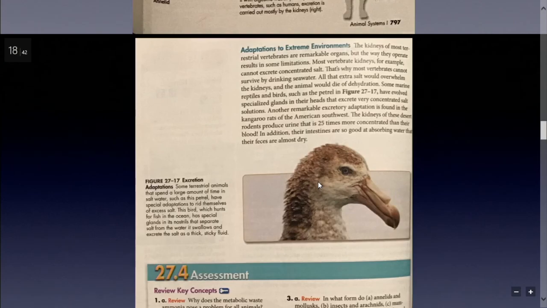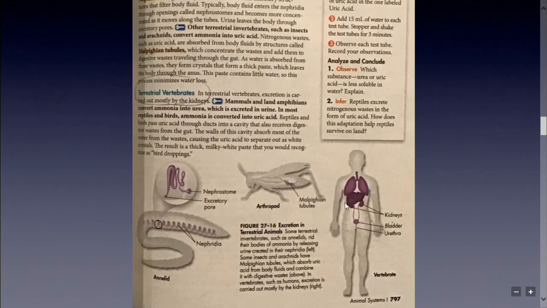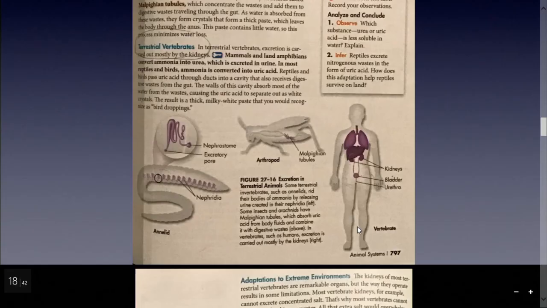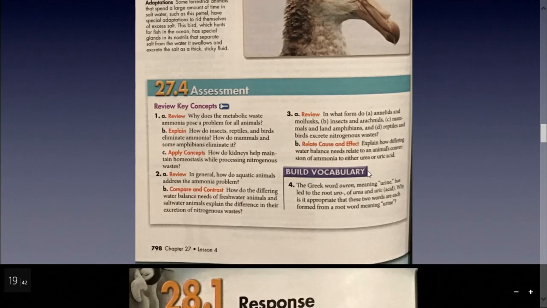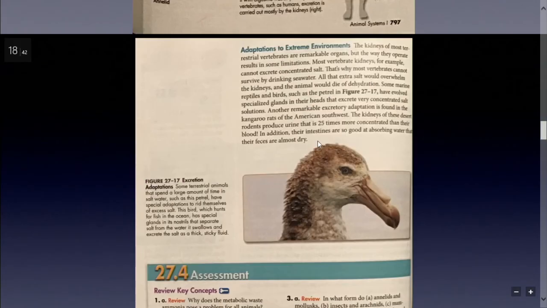The third one, there's 4 of them here, huh? Mammals and land amphibians. They're going to use kidneys to make urea. That one's really easy and obvious because it refers to us. So you should know about your kidneys making urea, which is urine, and amphibians, land amphibians at least, are going to be the same way. Reptiles and birds, how do they do it?